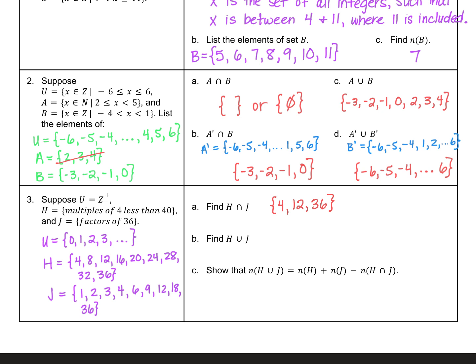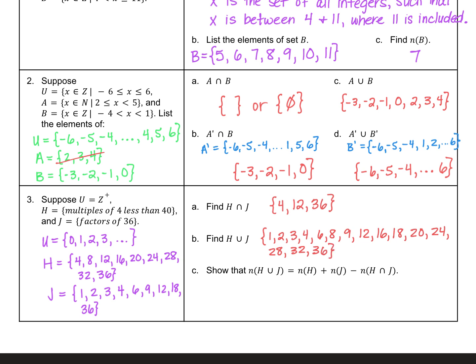The union of those two sets is all of those numbers put together. So we're going to have 1, 2, 3, 4, 6, 8, 9, 12, 16, 18, 20, 24, 28, 32, and 36. So that is the union of those two.